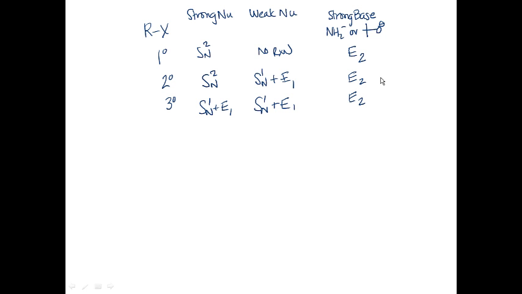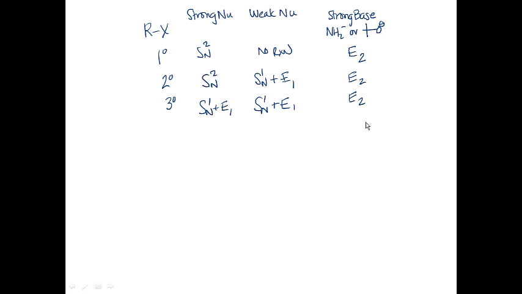So whenever we do a reaction with NH2 minus or tert-butoxide, that mechanism is automatically going to become E2. You're going to get the more substituted alkene with the NH2 minus, the small base. You're going to get the hydrogen that is least sterically hindered removed by the tert-butoxide. And we also have the final thing that the hydrogen that is being removed has to be antiperiplanar to the leaving group.